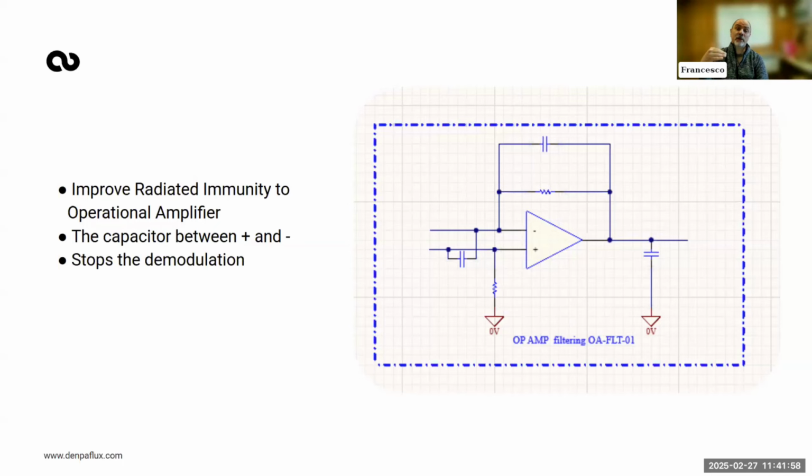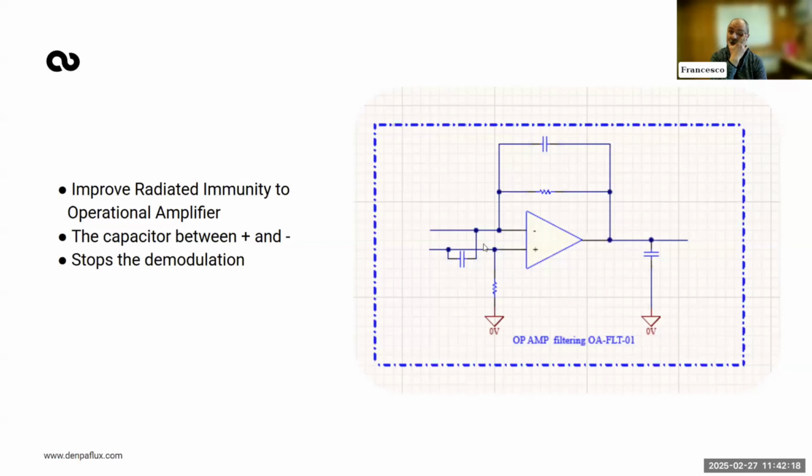If you are still failing, it means the capacitor will not solve the problem. If you are passing, it means that the 1 kilohertz is demodulated somewhere. Okay. In that case, this capacitor may help.